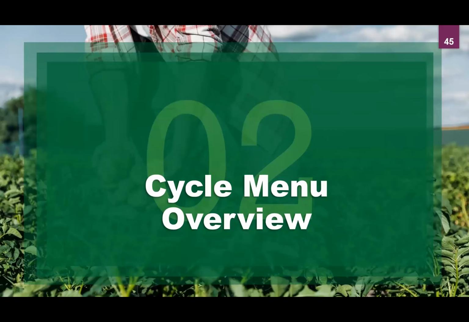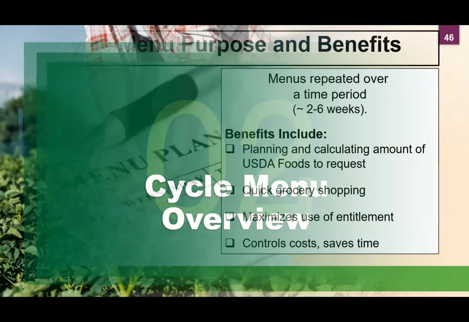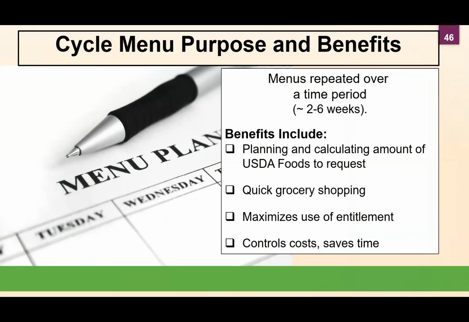All right, cycle menus. The benefit of a cycle menu is you're planning and calculating the amount of USDA foods to request. So if we do that now, before we go into WebSCM, we're going to have an idea of what we are going to order.